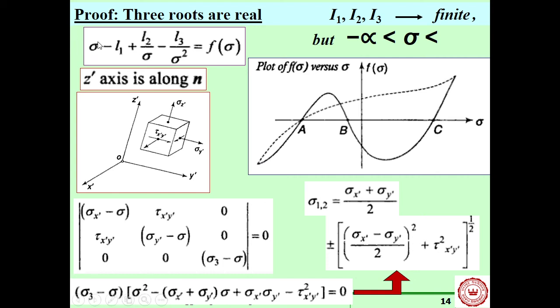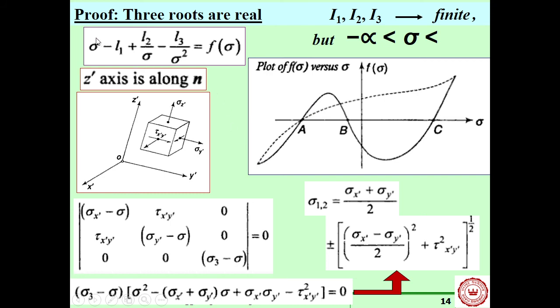This is negative, this is negative, this is some finite quantity, something less than this sigma. So ultimately it will remain a negative quantity. So for a sufficiently high negative value, this f(sigma) value is negative.